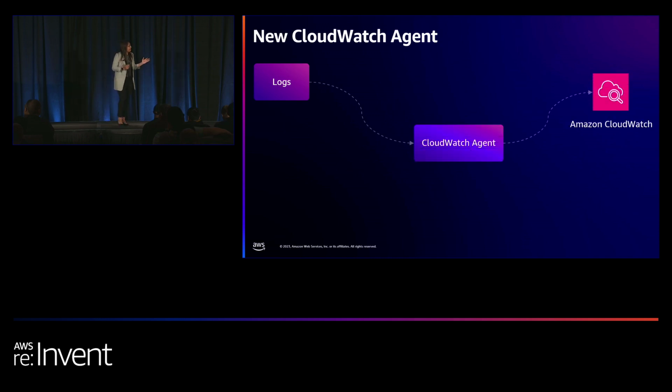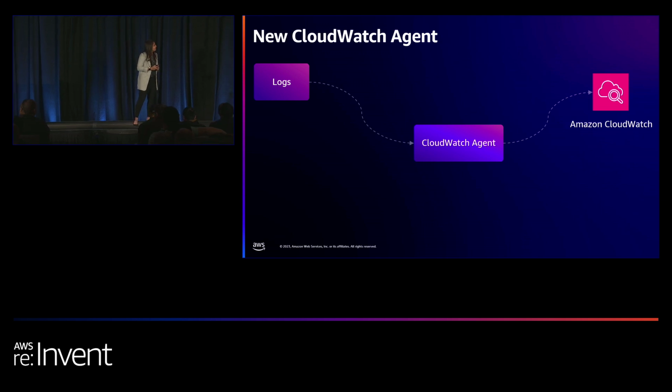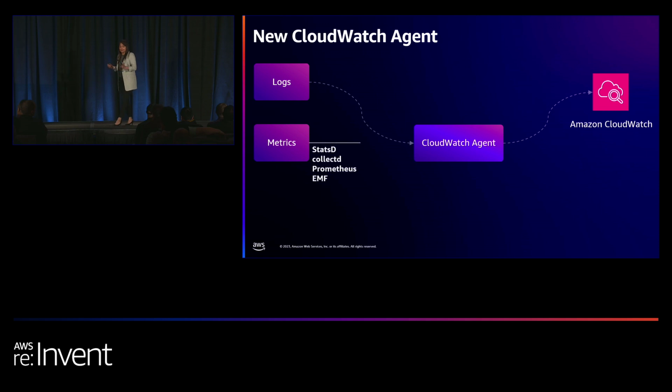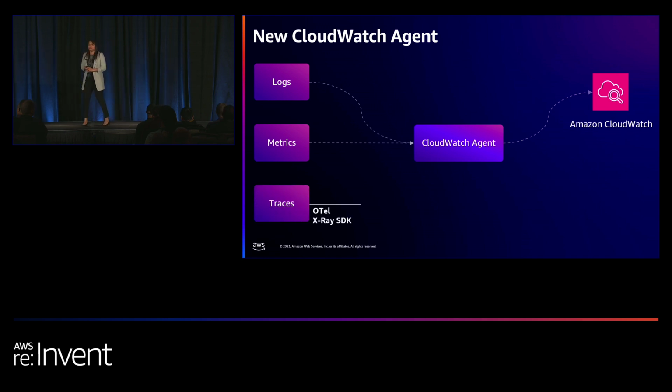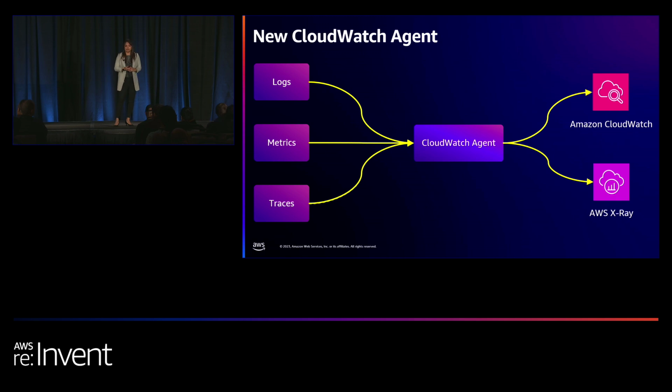Now you can always send logs via the Amazon CloudWatch agent to CloudWatch, and then all kinds of metrics, StatsD, Prometheus, EMF, also via the CloudWatch agent to Amazon CloudWatch. And with our recent launch of the new Amazon CloudWatch agent, you can now also send OTel with the same agent to Amazon CloudWatch and AWS X-Ray.